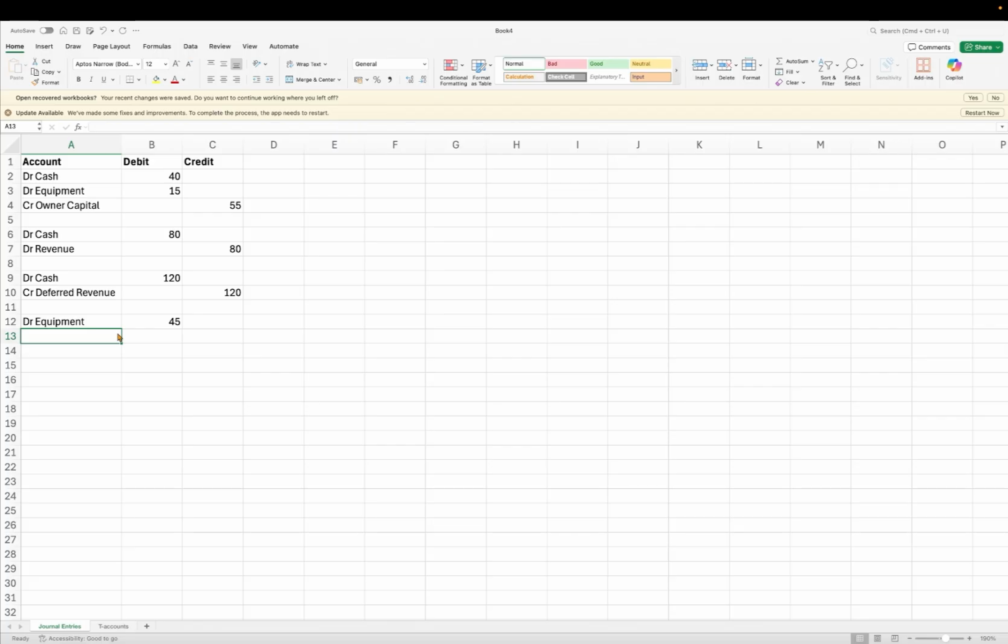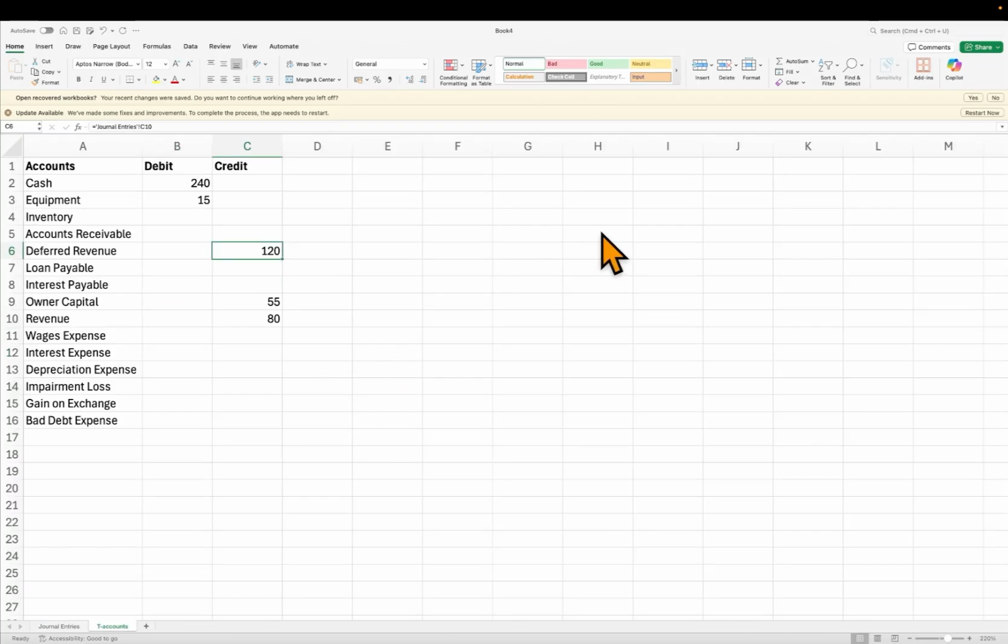And the company pays for the drum, which reduces cash. So cash is also an asset, and when assets decrease, they are credited. So I credit cash for 45. The journal entry is balanced because the debit and credit are both 45.